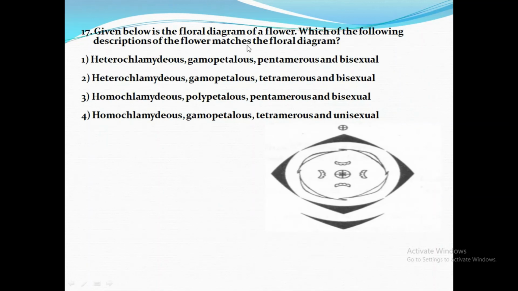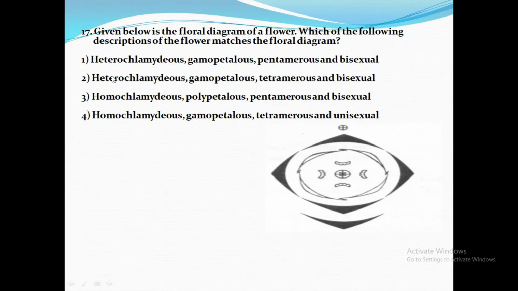Given below is the floral diagram of a flower. Which of the following descriptions of flower matches with the floral diagram? Heterochlamydeous, gamopetalous, pentamerous, bisexual. Heterochlamydeous, gamopetalous, tetramerous, bisexual. Homochlamydeous, polypetalous, pentamerous and bisexual. Homochlamydeous, gamopetalous, tetramerous and unisexual.